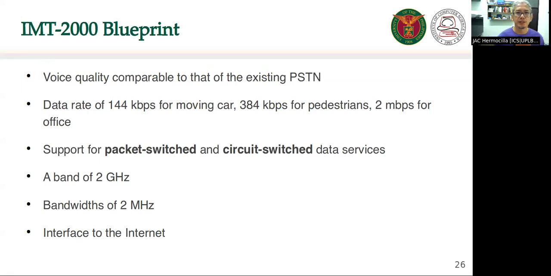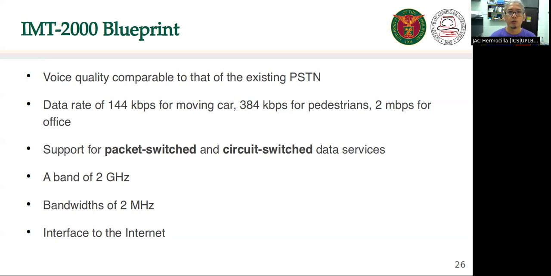So what is this third generation, in particular the IMT 2000 blueprint? The objectives are the following. The voice quality should be comparable to that of the existing PSTN. So you have digital, right? The voice quality should be comparable to that of existing landlines.